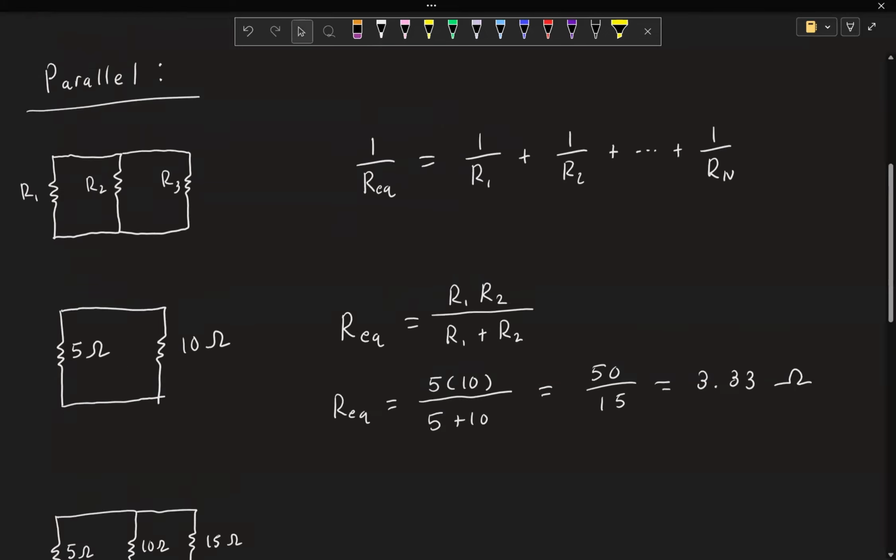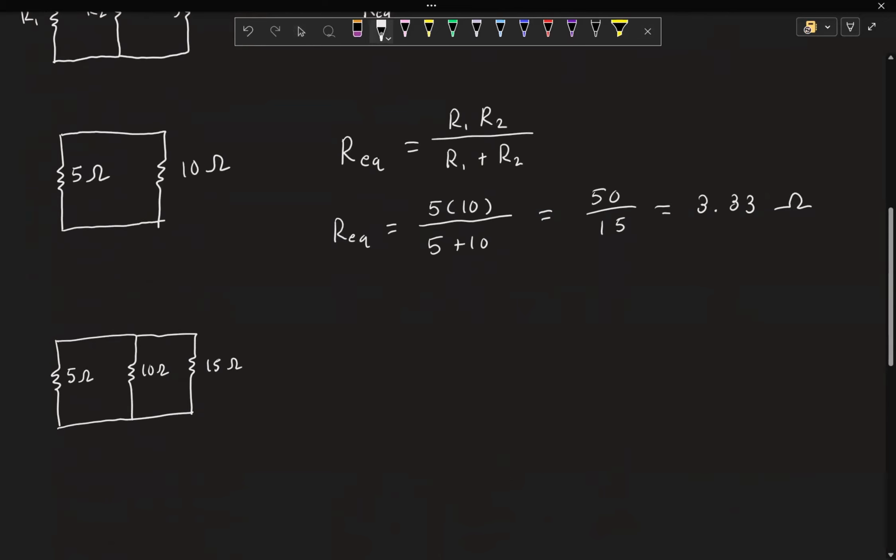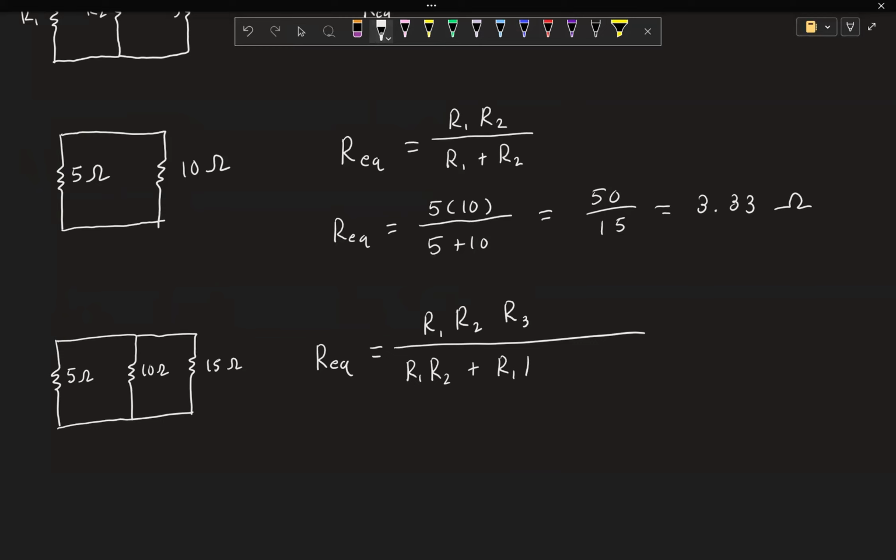Now, again, we could use this formula from above, or we can remember the more convenient R1, R2, R3 over, it's basically like the previous one. You multiply all the resistances and then you sum the combinations. So in this case, all the combinations are R1, R2 plus R1, R3 plus R2, R3.